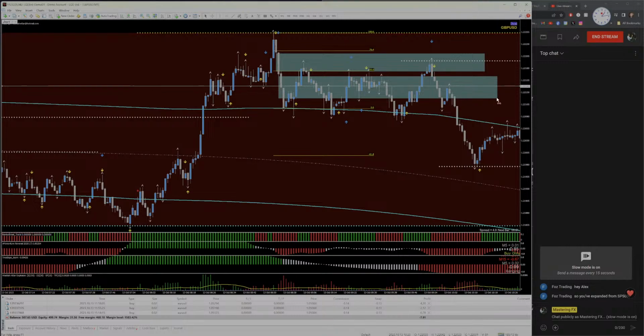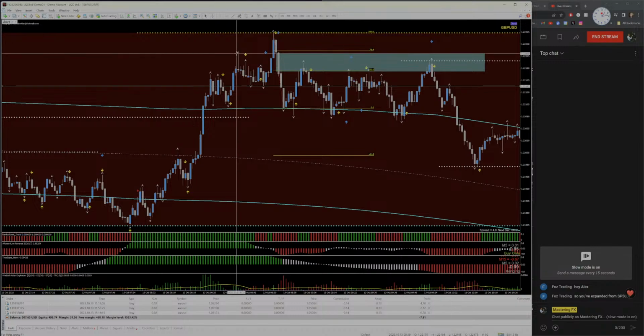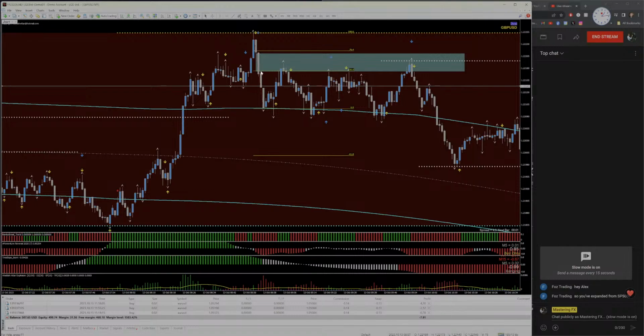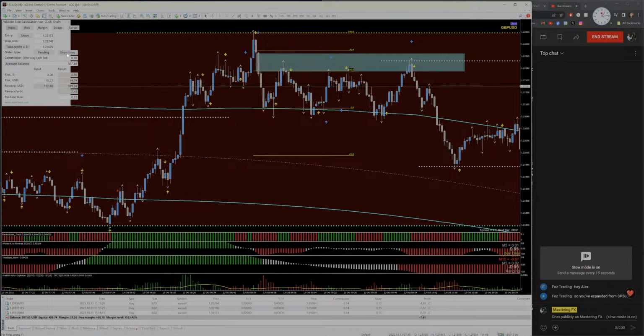So we invalidate this one here, and we concentrate on this fair value gap up here. And in this case, even though the fair value gap goes a little bit lower than discount, I would set my order right on the equilibrium, which is the 50% level of the fib, because we are selling from premium. So right on that line, or a little above, whatever you want to do.